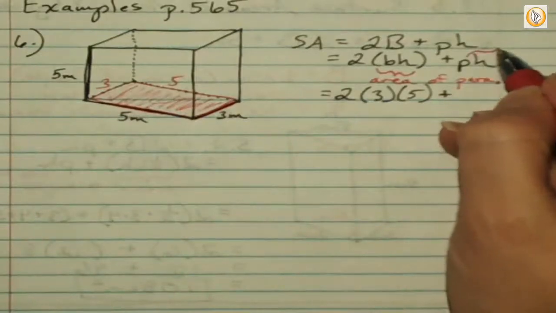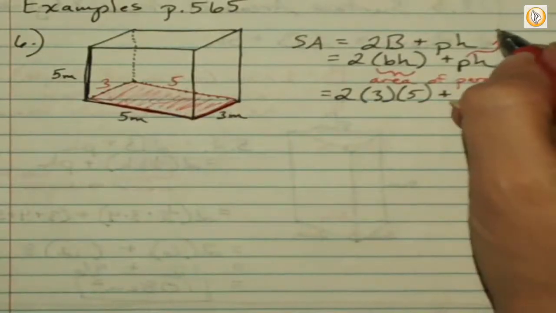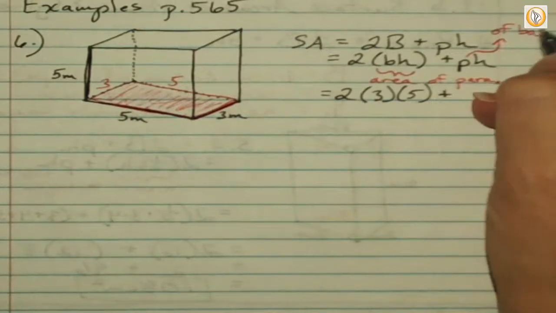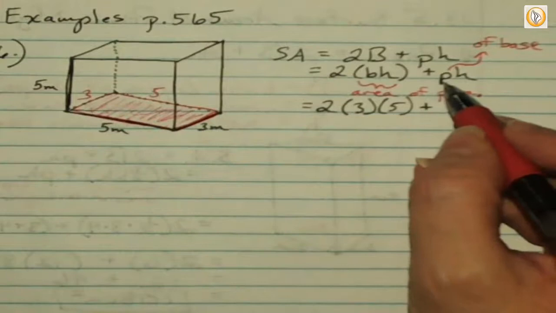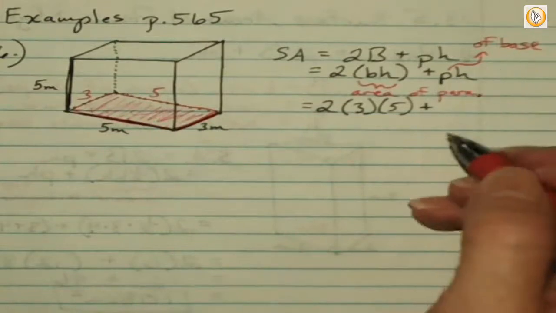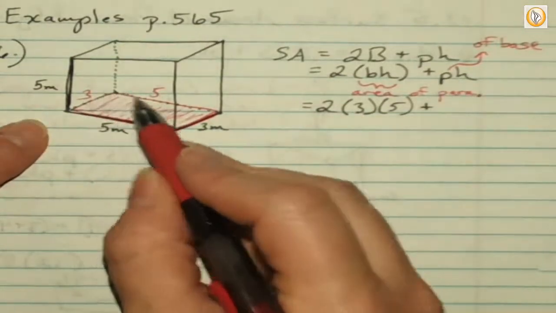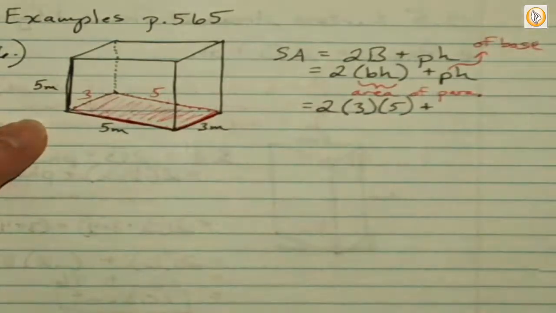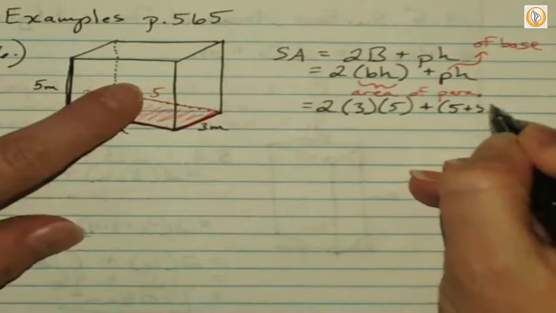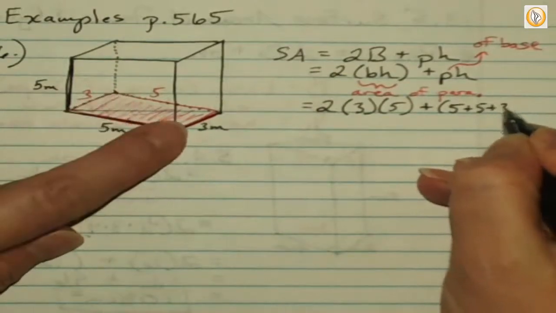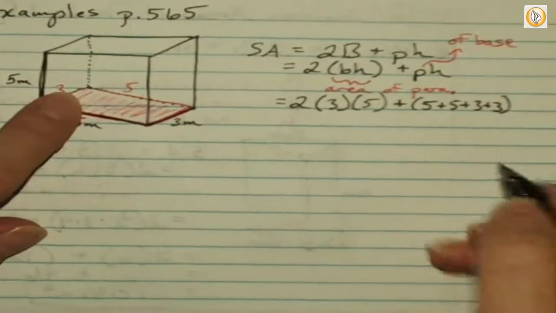Guys, if you need to write a note, perimeter of base. You need to write that down if you don't remember. We're looking for the perimeter of the base. So you need to go in there and sketch in what all the measurements are. So I have 5 plus 5 plus 3 plus 3 times the height.